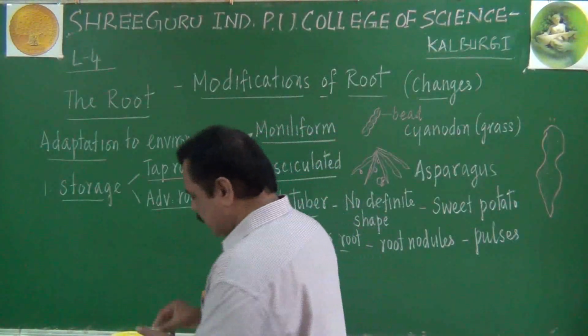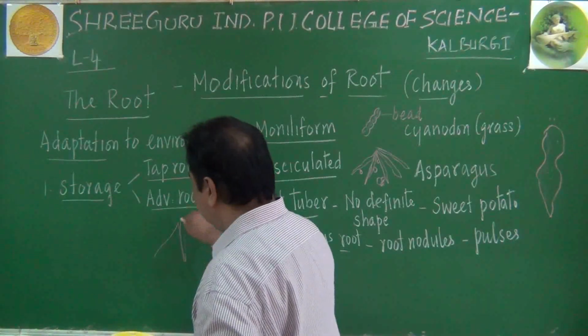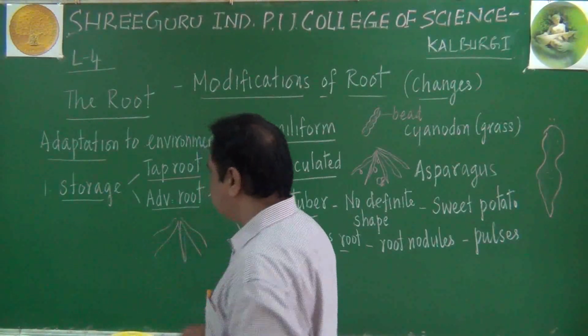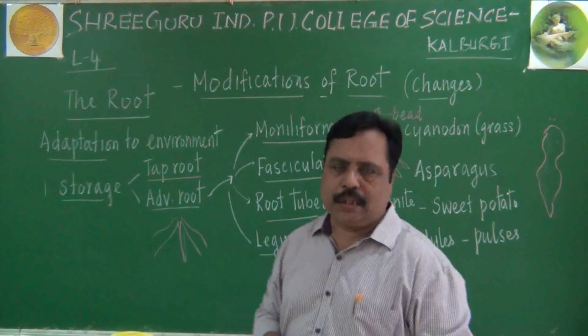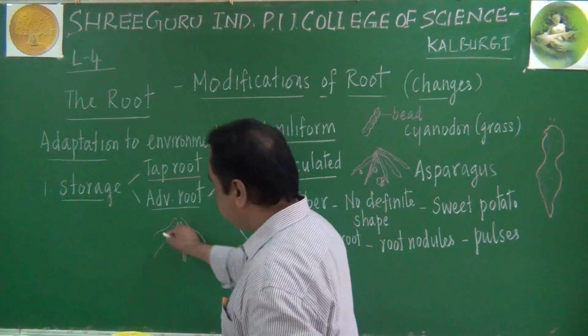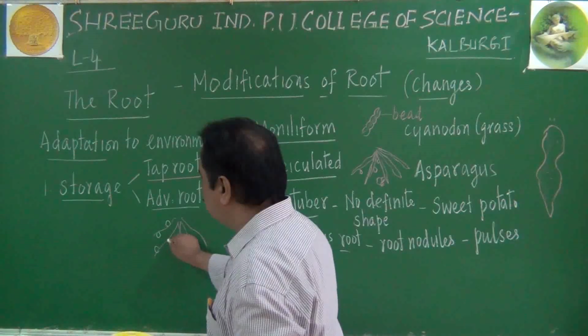In their root system, we can come across the adventitious or fibrous root system. They belong to monocot, I told you in the previous class also. In that adventitious, fibrous root system, we can come across nodules like this.